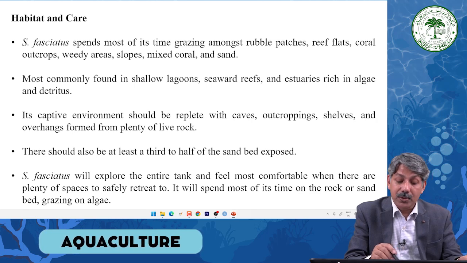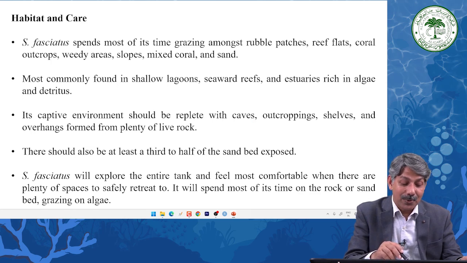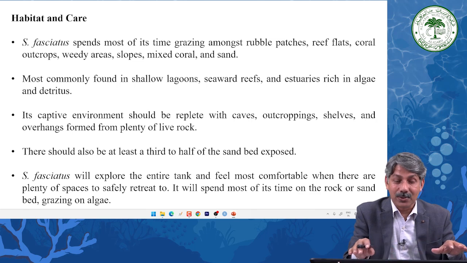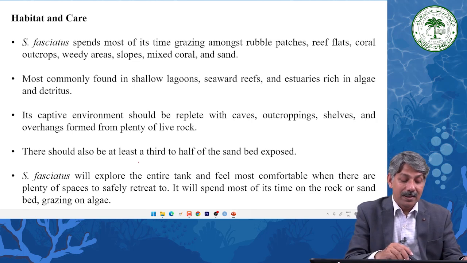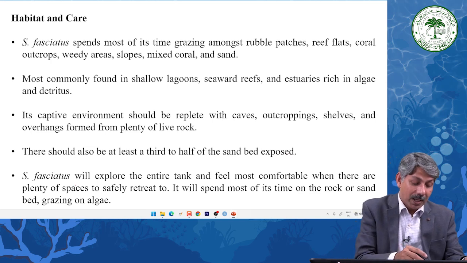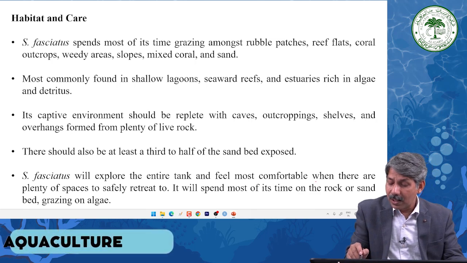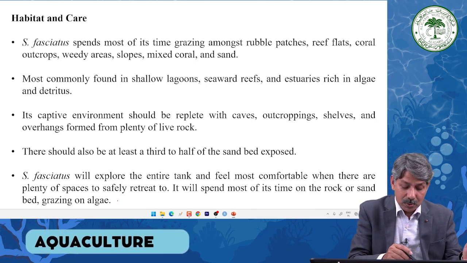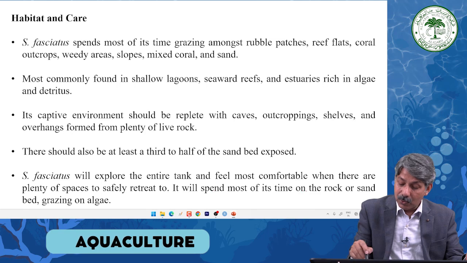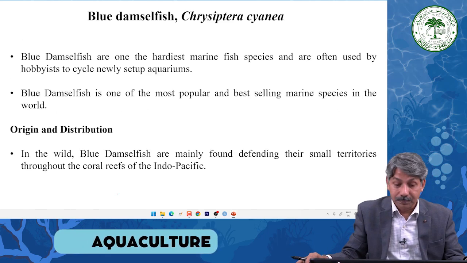Its captive environment should be replete with caves, outcroppings, shelves and overhangs formed from plenty of live rock to feel it at home. There should be at least a third to half of the sand bed exposed. S. fasciatus will explore the entire tank and feel most comfortable when there are plenty of spaces to safely retreat to. It will spend most of its time on the rock or sand bed grazing on algae.